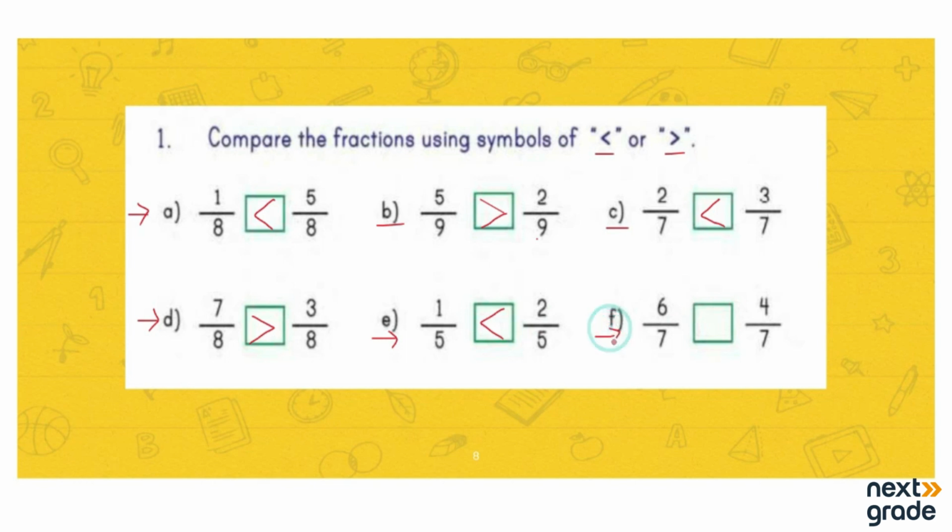Let's look at this example in which 6/7 and 4/7 both have the same denominator because they are like fractions, and 6/7 is actually the greater one because 4 is the lesser number.